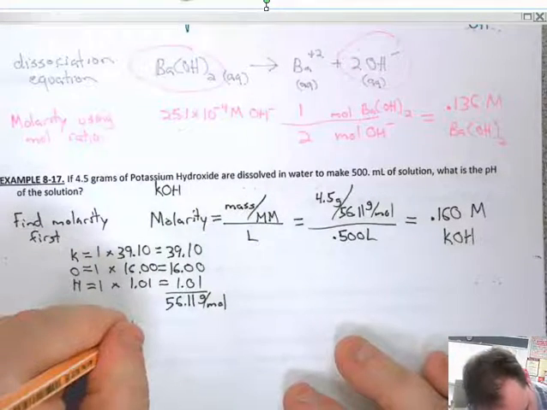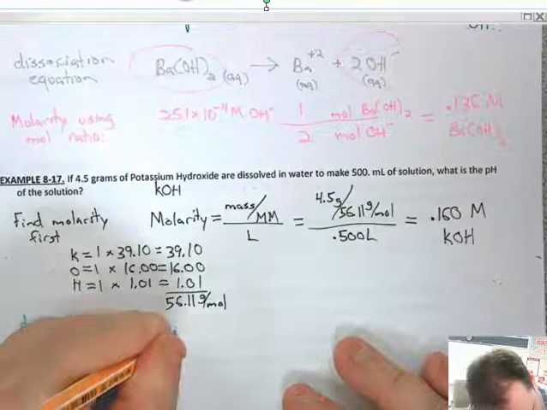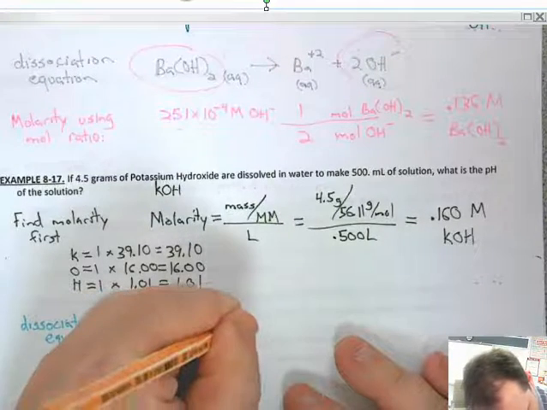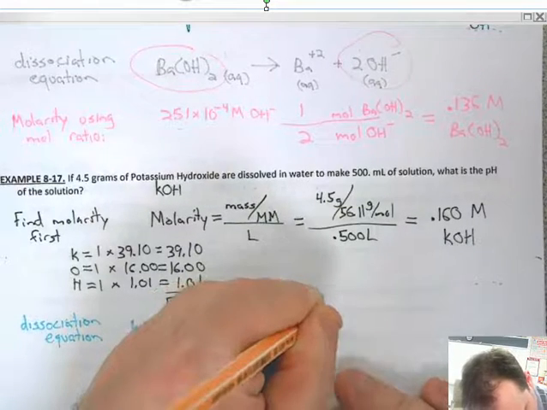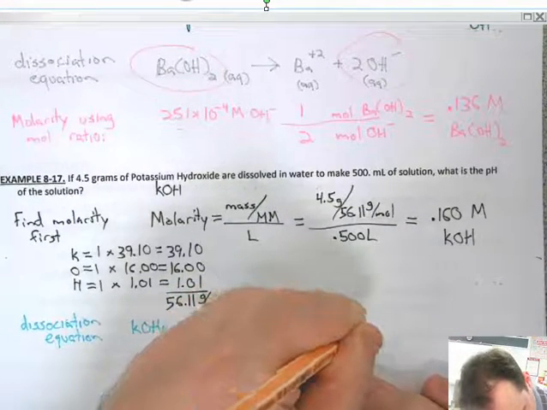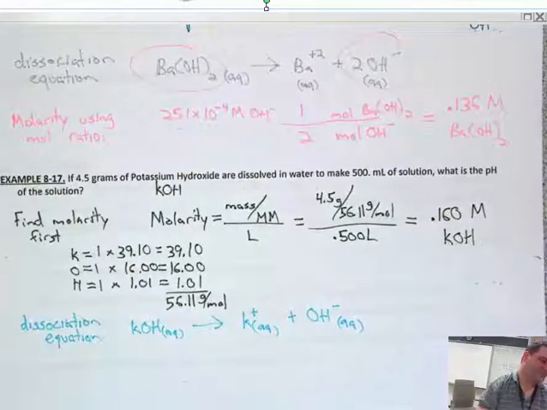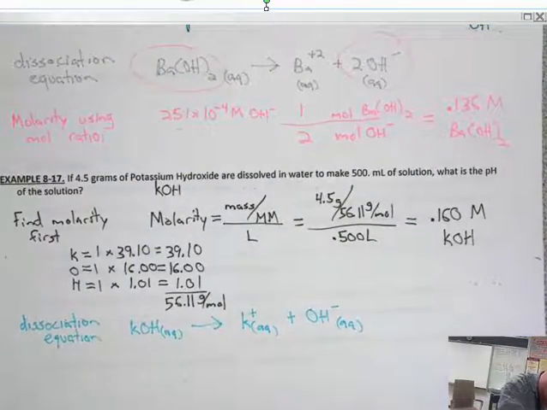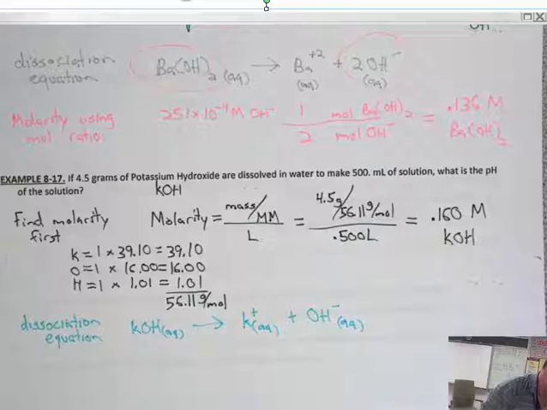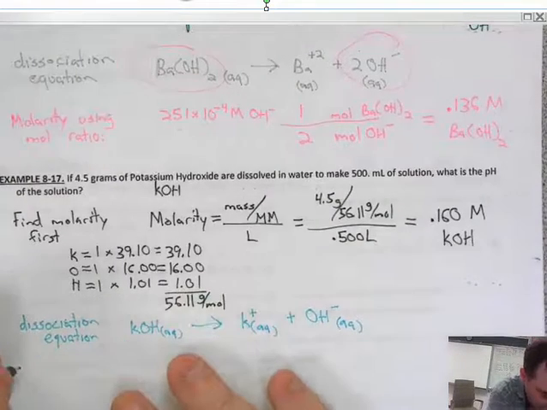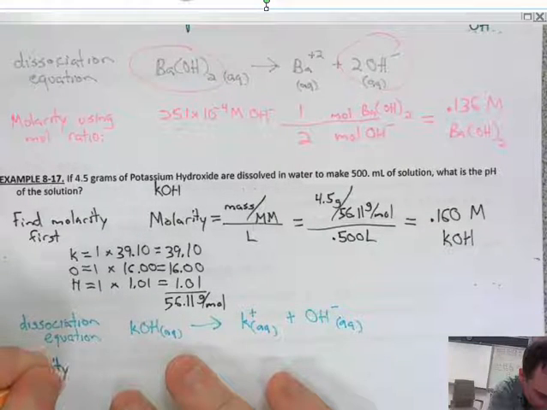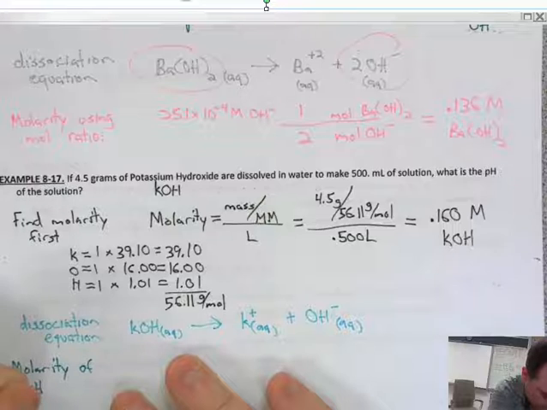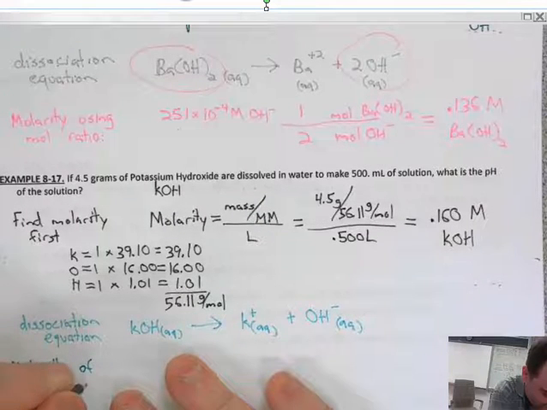Since this is KOH aqueous, this is going to dissociate into K plus aqueous and OH minus aqueous. Okay. Then we are going to do the molarity of OH using mole ratios.